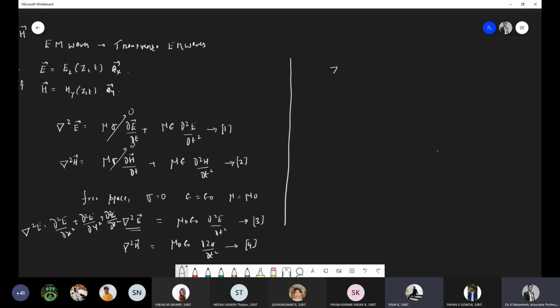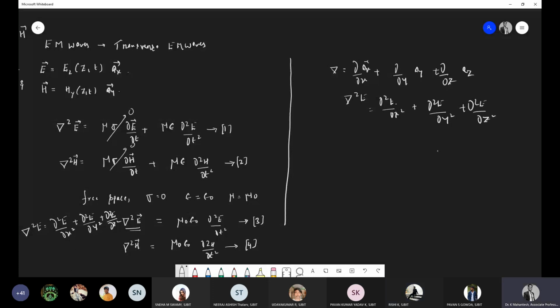Del operator is equal to dou by dou x in the direction ax plus dou by dou y in the direction ay plus dou by dou z in the direction az. What is del square E then? It will be dou square E by dou x square plus dou square E by dou y square plus dou square E by dou z square.